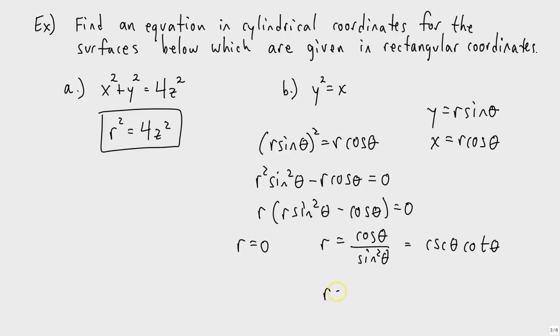So r equaling cosecant theta, cotangent theta: if r equals 0, there is a theta for that. So r equals 0 is a solution of this equation and this one, so we don't need that one. That one's not adding anything to our cylindrical equation here. So r equals 0 is already a solution or a possibility in this equation. Otherwise, we would need both of those.